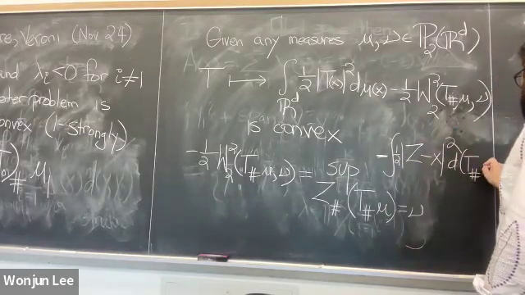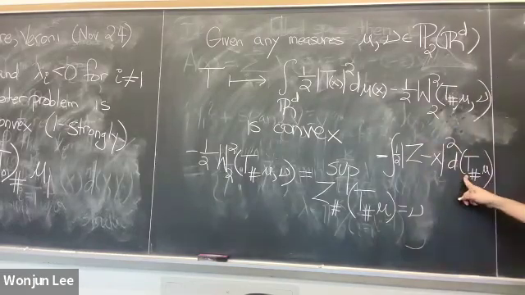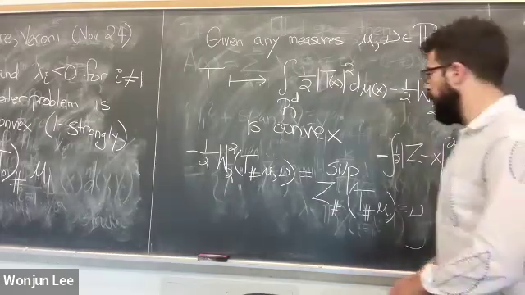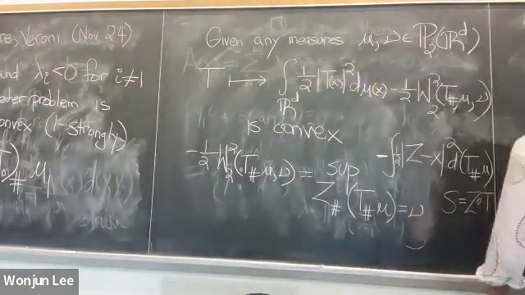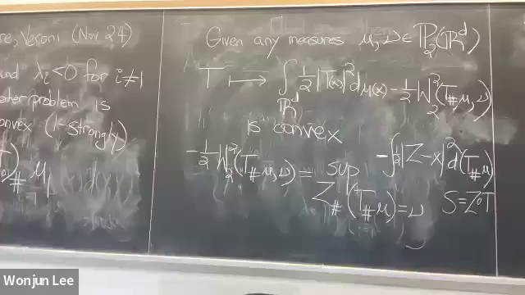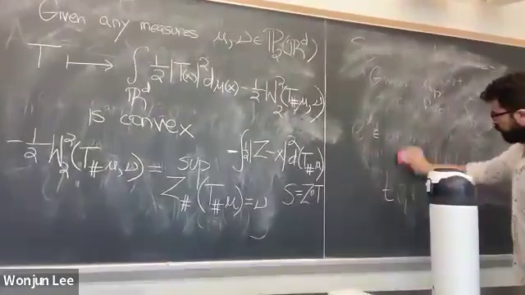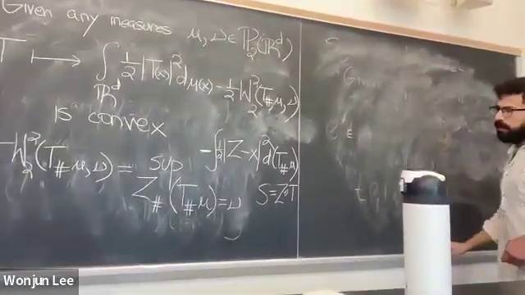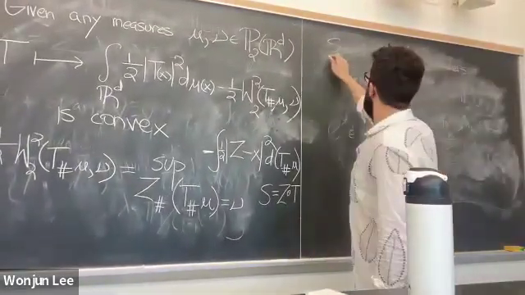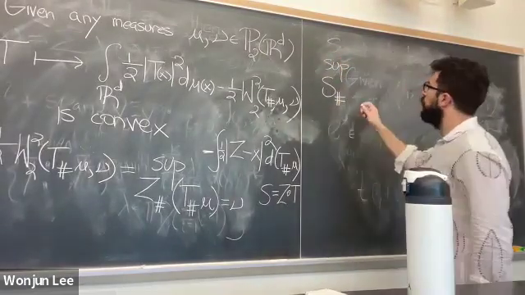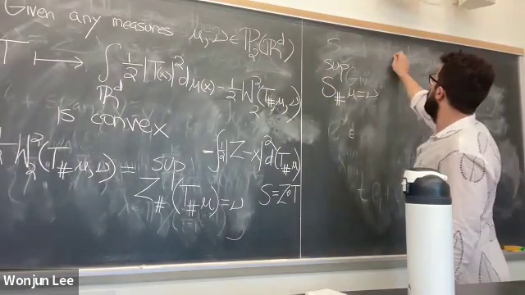dT push forward mu. If I carry out this push forward and move this map inside, and then I just call S to be Z composed with T, then I can rewrite this problem as the sup over maps S that push mu to nu.